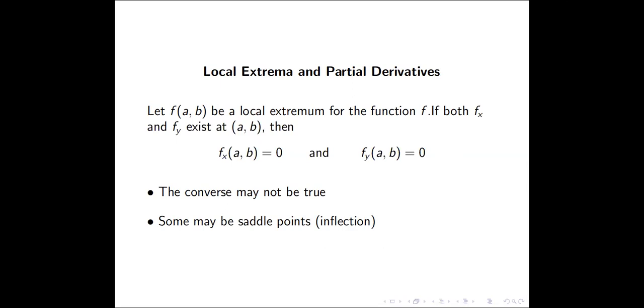Remember, what is a point of inflection? It's neither a high point nor a low point. It's not a maximum nor a minimum, but still the tangent line at the inflection point is horizontal.